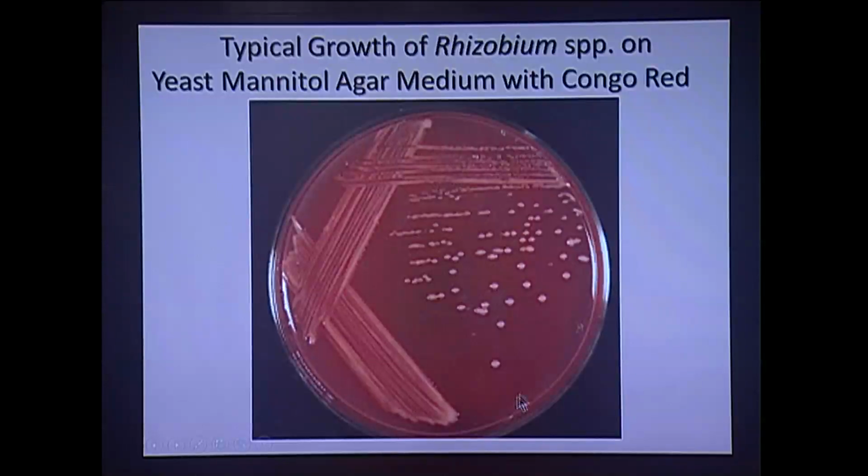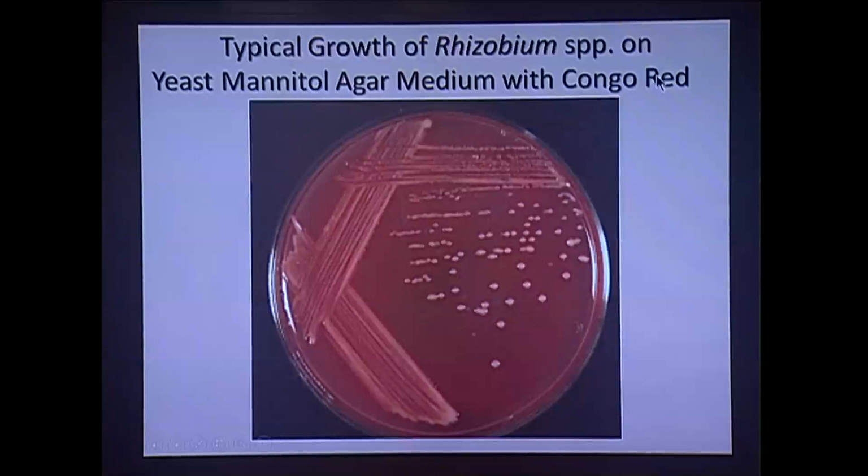This is a typical growth on yeast mannitol agar medium, but we have incorporated the medium with Congo red, a dye. This helps us in identification. If you are doing it from soil, there will be several other organisms, very commonly Agrobacterium species. Now you can differentiate because Congo red is absorbed by the Rhizobium cells only faintly, while most other bacteria will absorb it very strongly.